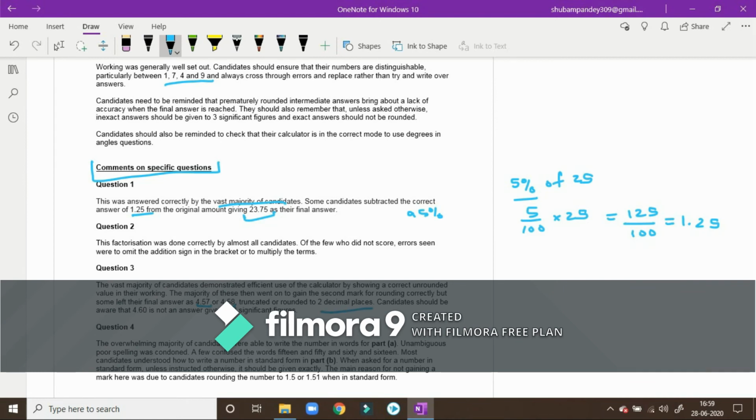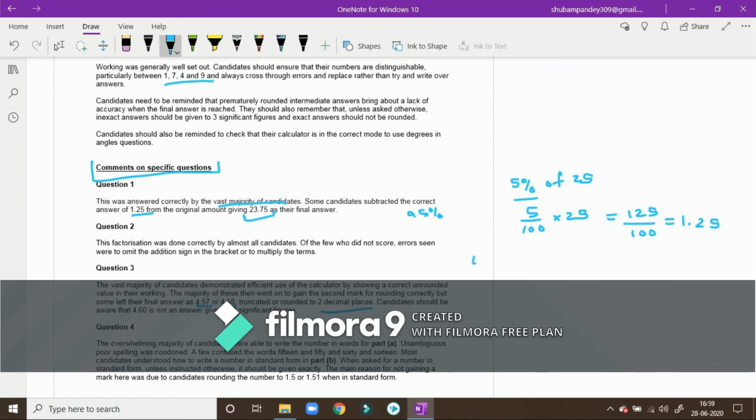Two decimal places is actually given in the general instructions. Like they specify in the paper that for a particular question, if nothing is mentioned, then give your answers to two decimal places. But in this question, we had been asked about rounding it to two significant figures.